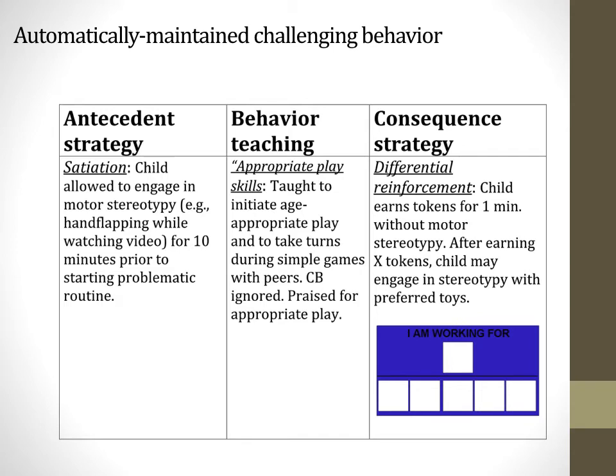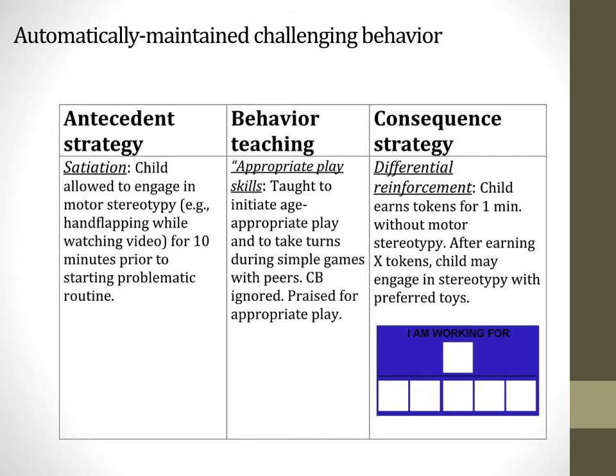And you can directly teach the appropriate behavior using whatever strategy you have while the challenging behavior is ignored. You can also use differential reinforcement as a consequence strategy. So when the child does not exhibit the hand clapping behavior, the self-stimulatory behavior, for 1 minute, the child will receive a token.